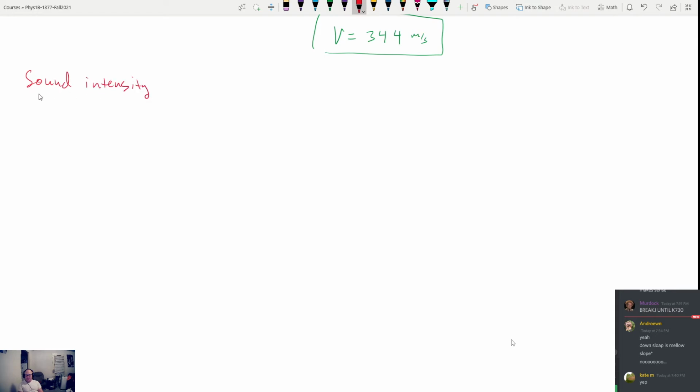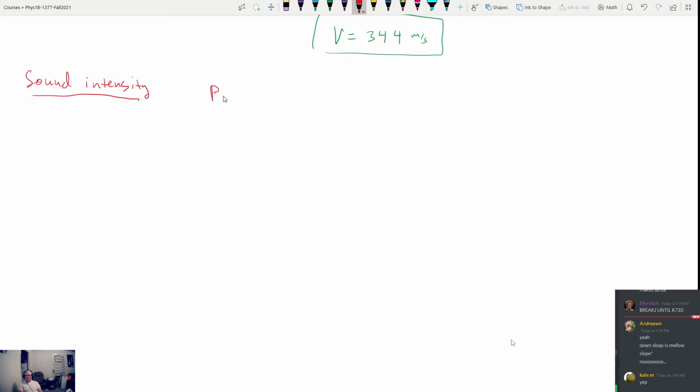All right, how are they going to do this? They're saying that intensity is pressure times velocity. Why would pressure times velocity be intensity? Let's think about this.